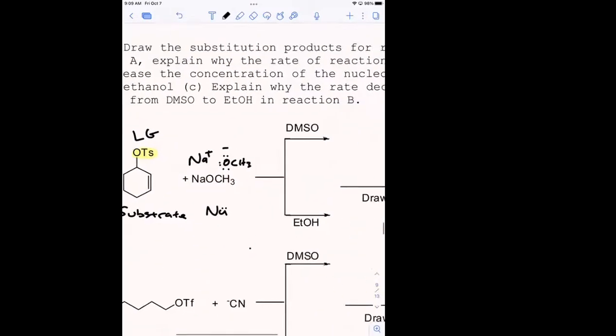So what happens in a substitution? We've been talking about this long enough now that even if you don't know the arrow pushing part or the details about the transition state, you should at least know what's going to happen in a substitution reaction. That oxygen connected to the CH3 is going to replace the bond of the leaving group with the carbon.